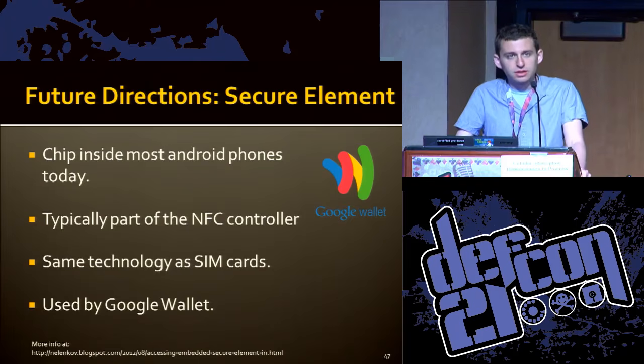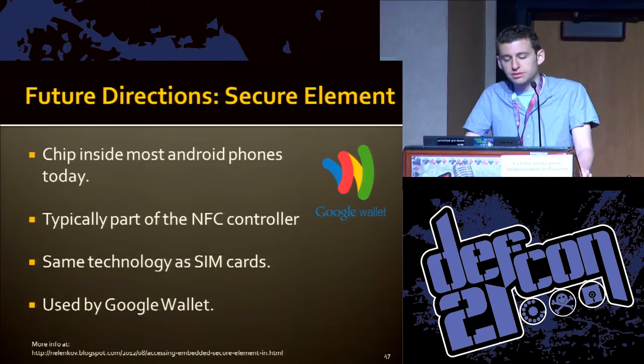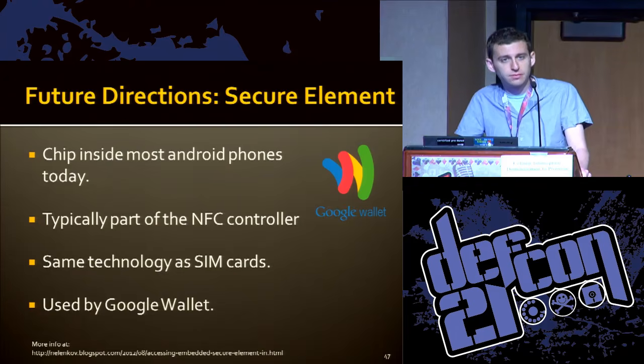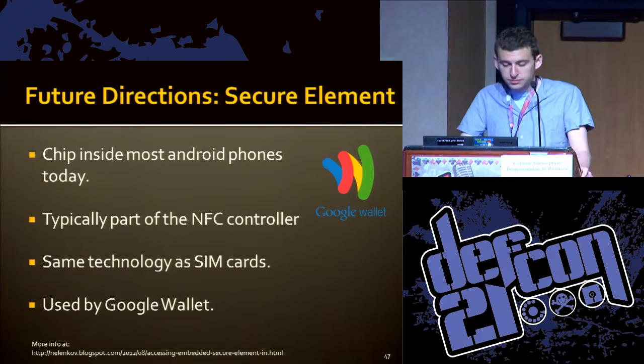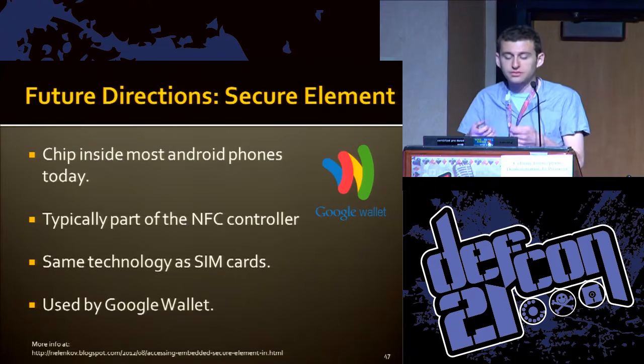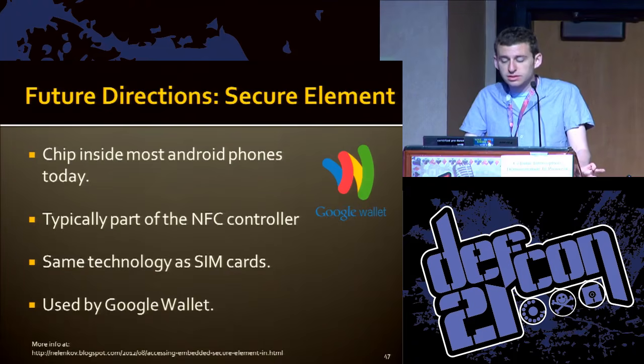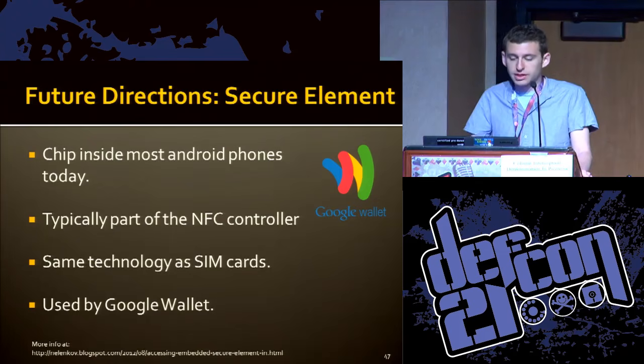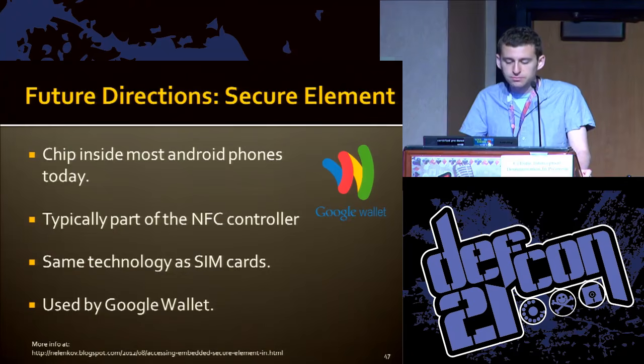Another technology that is quite similar is the secure element found in many Android phones. This is often part of the NFC controller. It's similar to the SWP interface used with SIM cards, but it's often just in one housing. This is basically a little tiny SIM card inside your phone. It generally supports Java Card, and it might be based on GlobalPlatform.